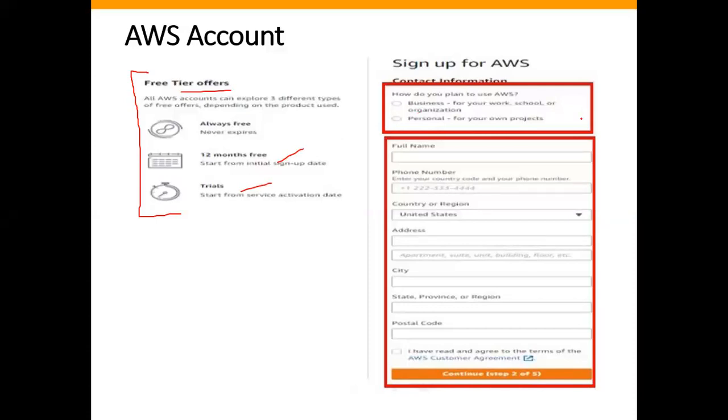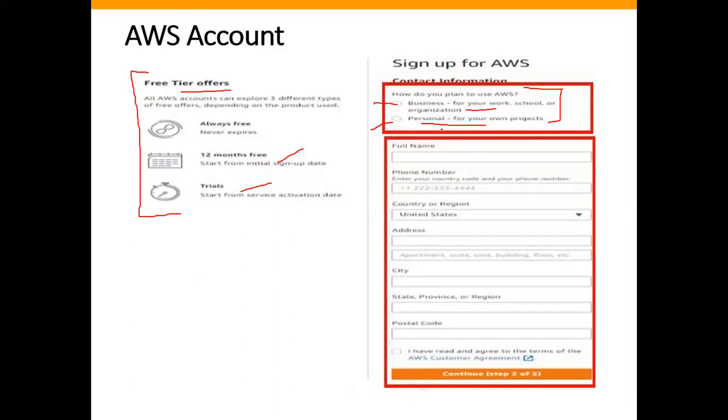Now, here you need to select your plan. We are getting two plans. One is called business plan, the other is called personal. We are not going to select business plan, we are going to select personal. So first you select the personal plan.